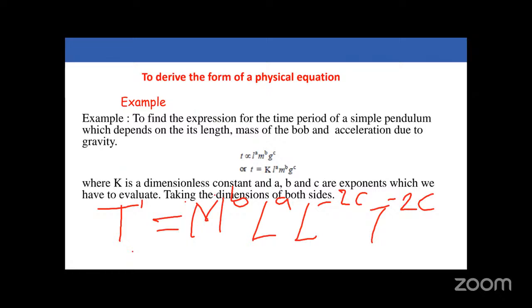So if we simplify this expression, we are going to have T raised to 1, M raised to B, L raised to A plus C, and then T raised to minus 2C.